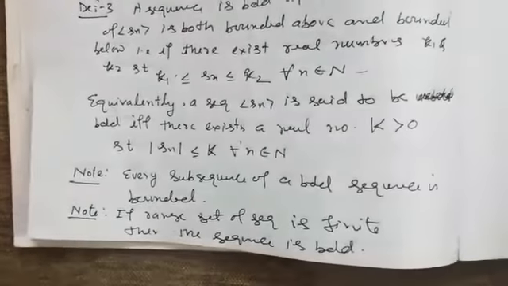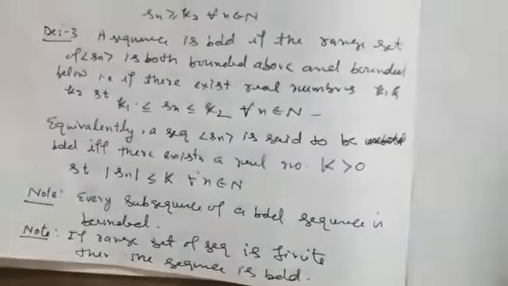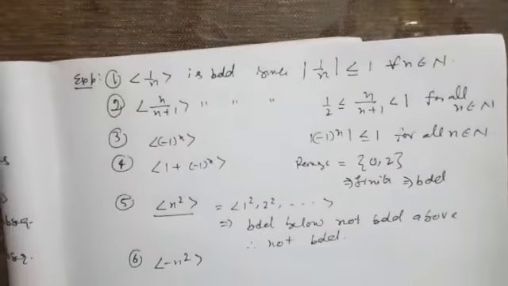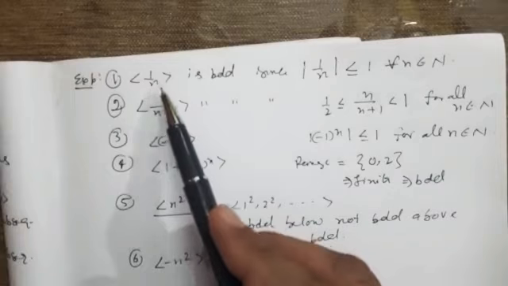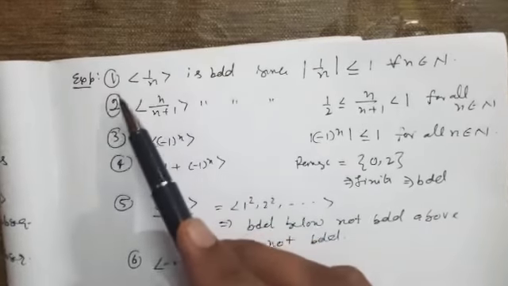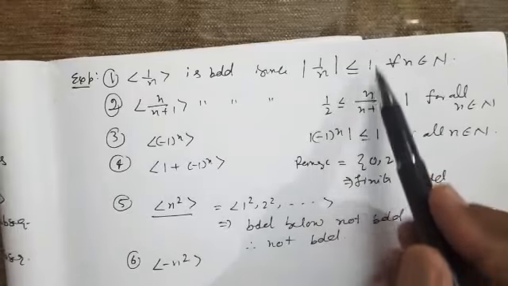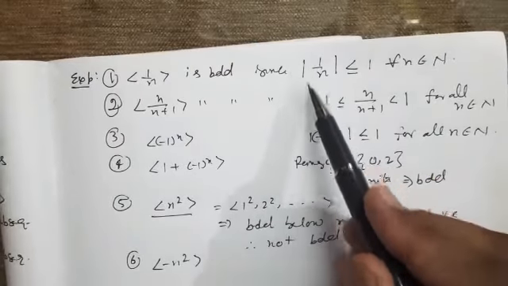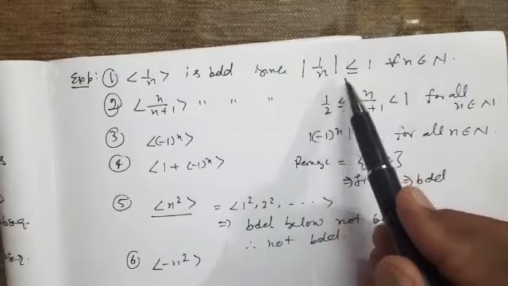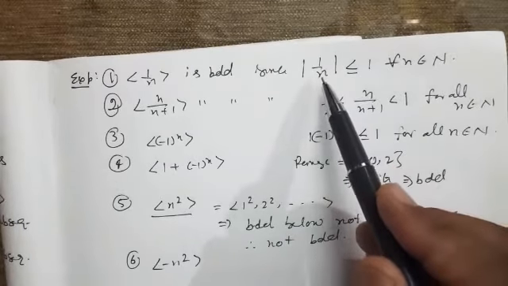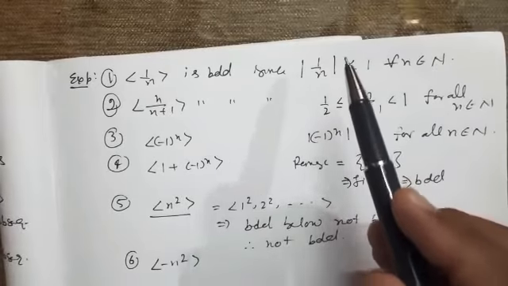Now we are taking some examples of bounded and unbounded sequences. If you see 1 by n and use the definition of mod, then mod of Sn should be less than or equal to k. So mod of 1 by n, you can see, is always less than or equal to 1, because for n equal to 1 it is 1, then 1 by 2, 1 by 3, 1 by 4.